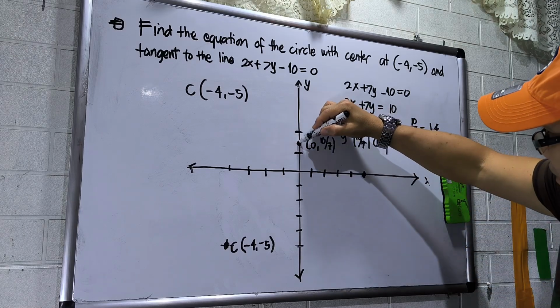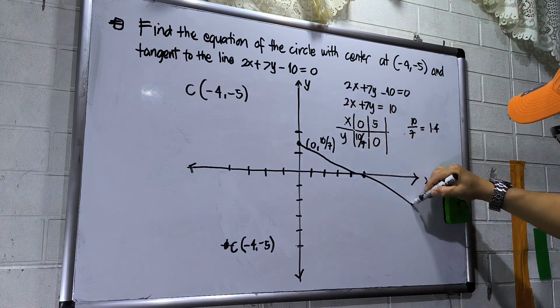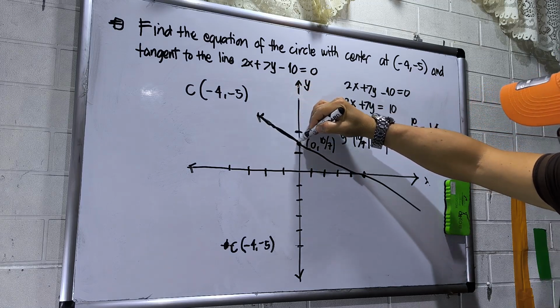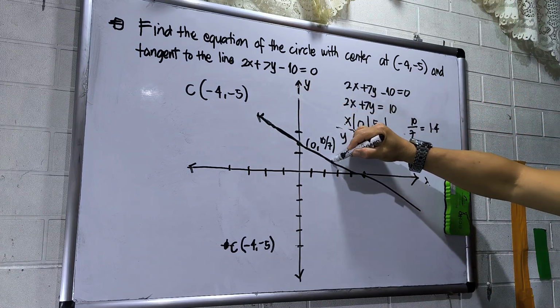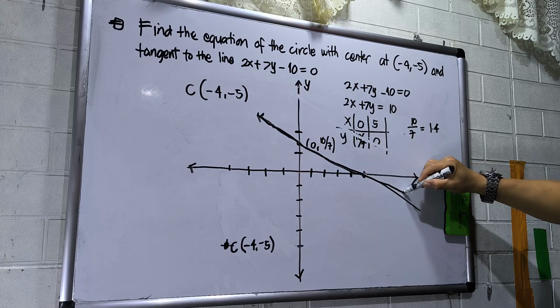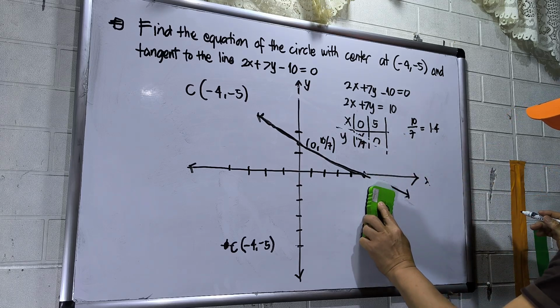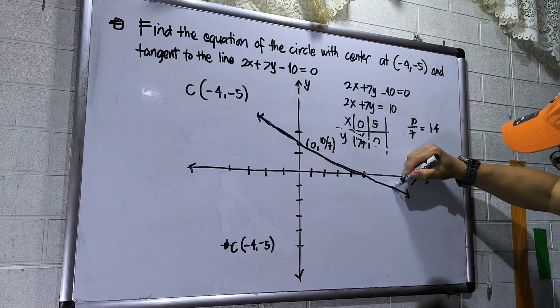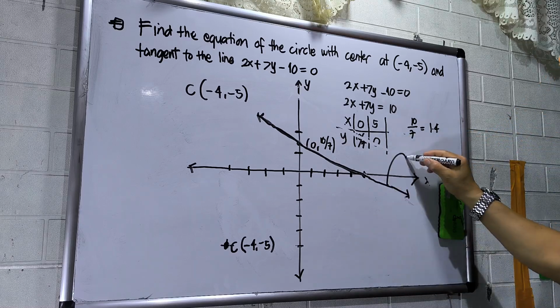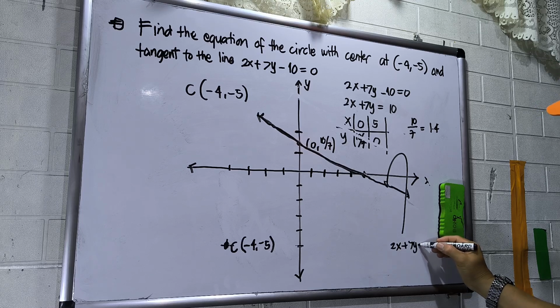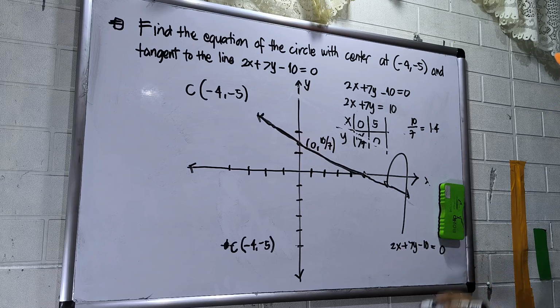So this is the line, a straight line, not a crooked line. And then the circle is tangent to the line 2x plus 7y minus 10 is equal to 0.